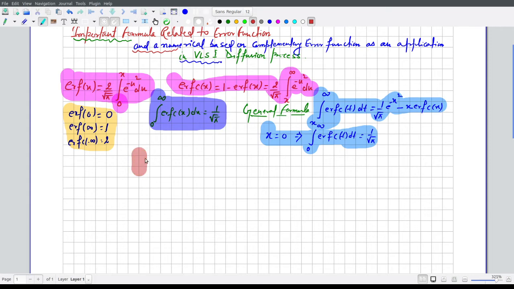So now I am plotting the graph of the error function. This is the x axis and this is the y axis. So the graph will be like that.